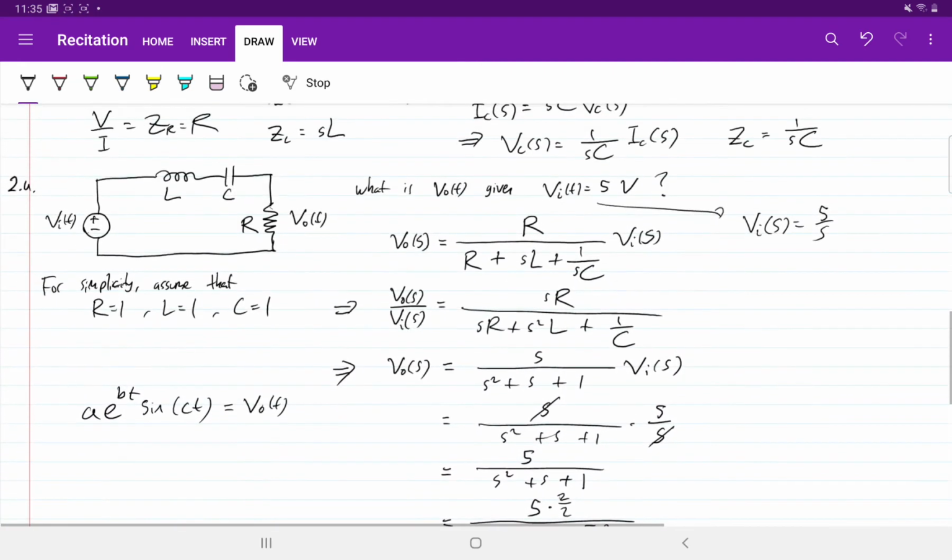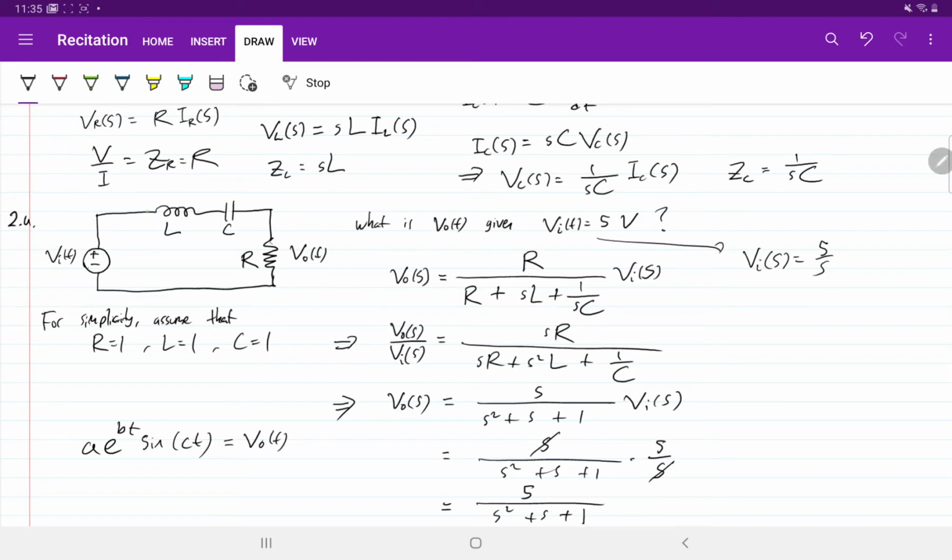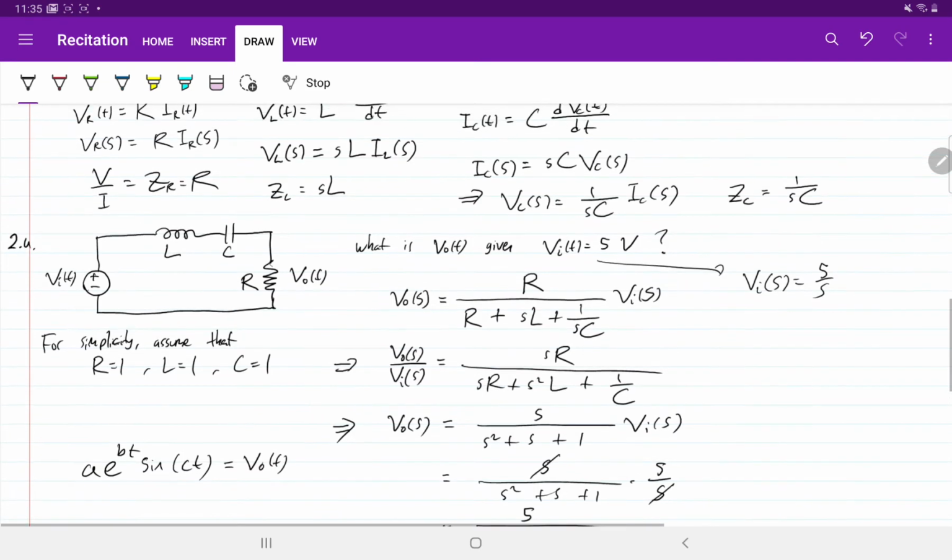Okay, let's see. In a DC circuit, assuming zero initial condition, as time t goes to infinity, the inductor will act just as a wire, right? It doesn't have resistance for an ideal inductor, so this will be a closed circuit, and a capacitor will be open circuit.